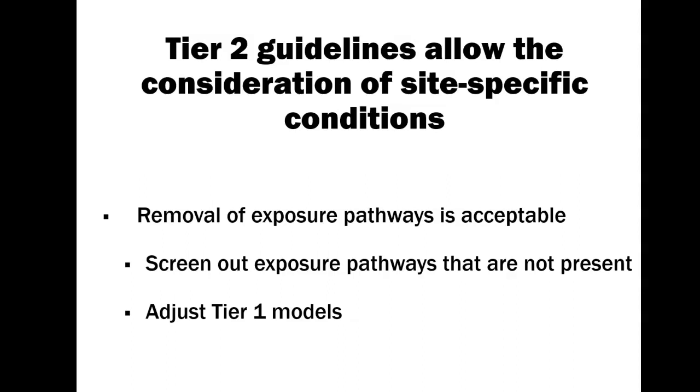And then they can adjust Tier 1 models and do a more detailed site assessment as it's required. So these types of sites may have additional assessment, monitoring, and regulatory requirements depending on what exactly you adjusted for that site.